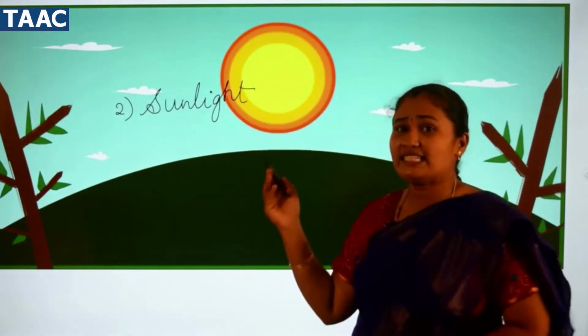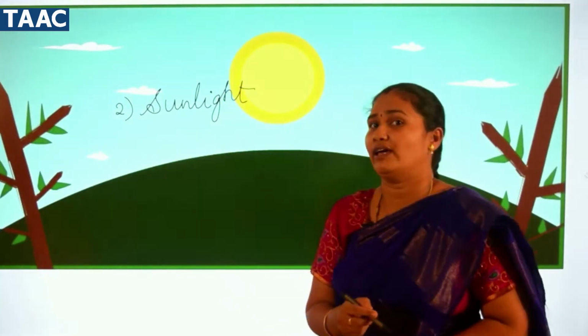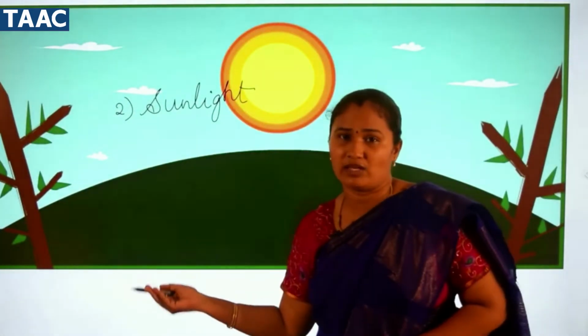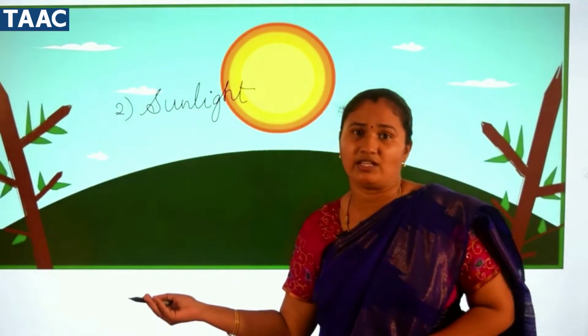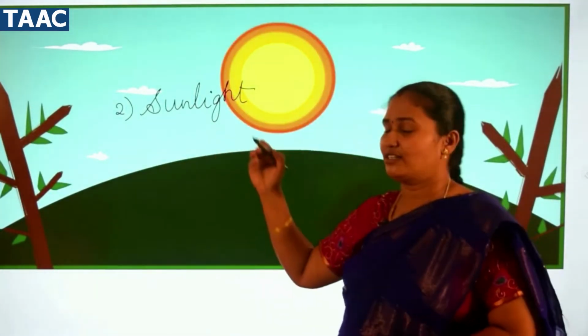It is the natural source of light. Just as we use heat for cooking in the kitchen, the plants also need heat energy, and they obtain this heat energy from the sunlight.